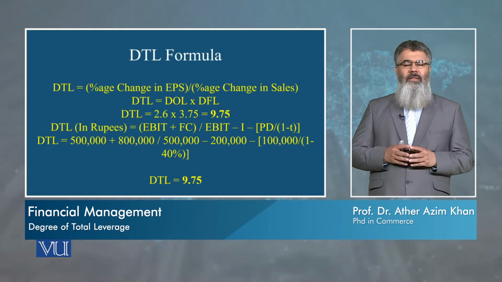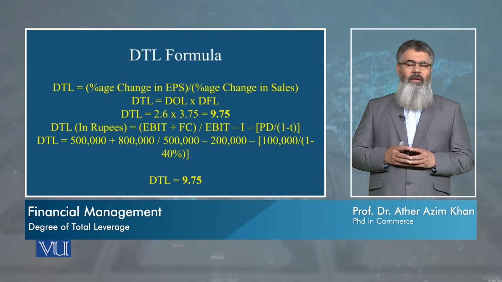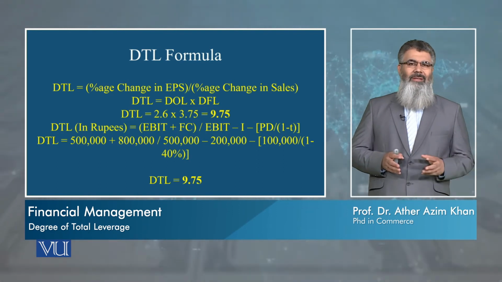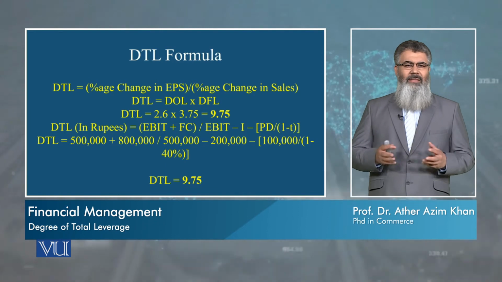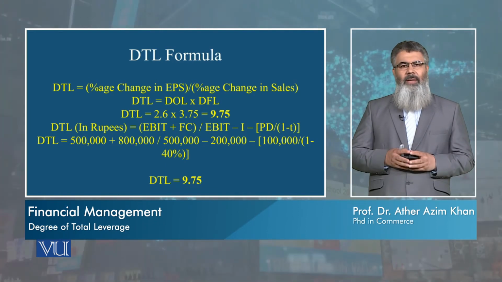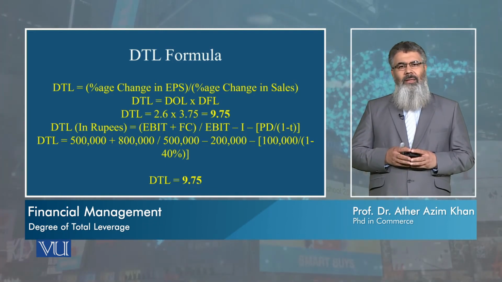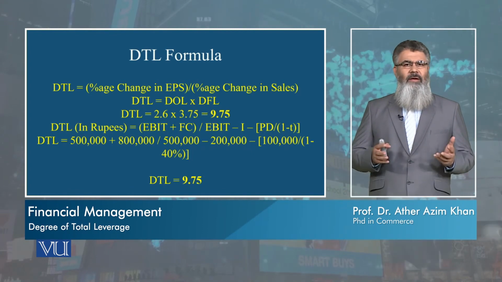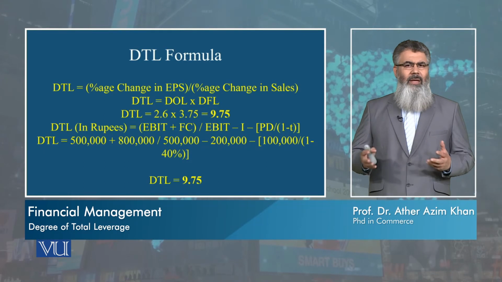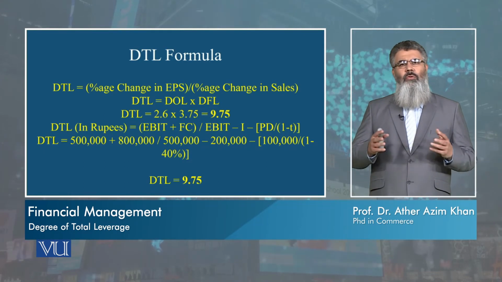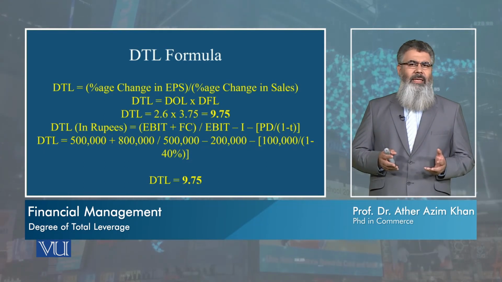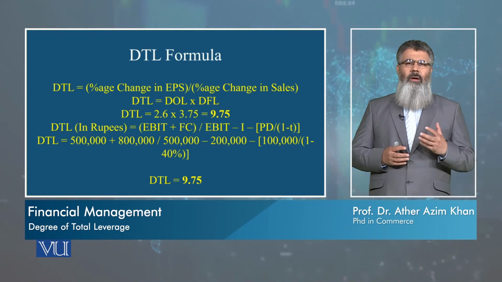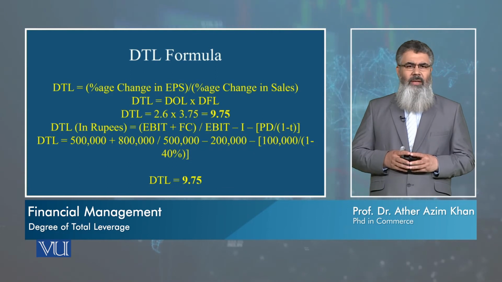This is the degree of total leverage, the impact of fluctuation in sales on the earning per share. And this can also be calculated by simply multiplying DOL with DFL. That is, if we have already calculated the values of DOL and DFL, then we don't need to apply any further formula. We simply multiply those two values and we get the total leverage.